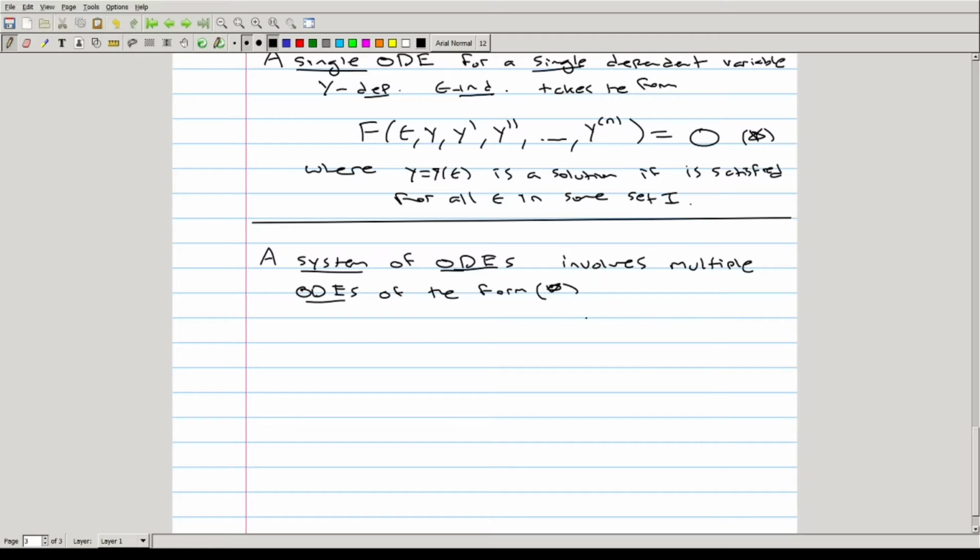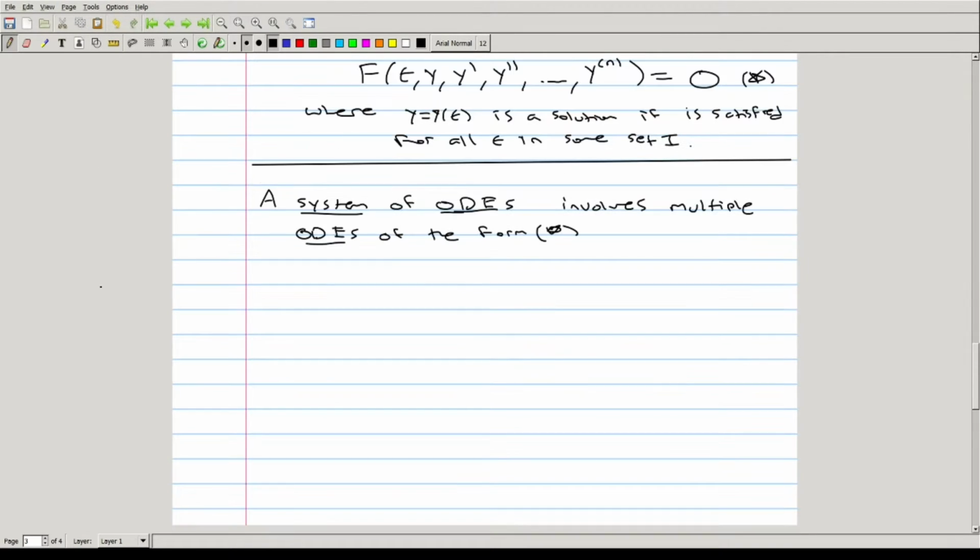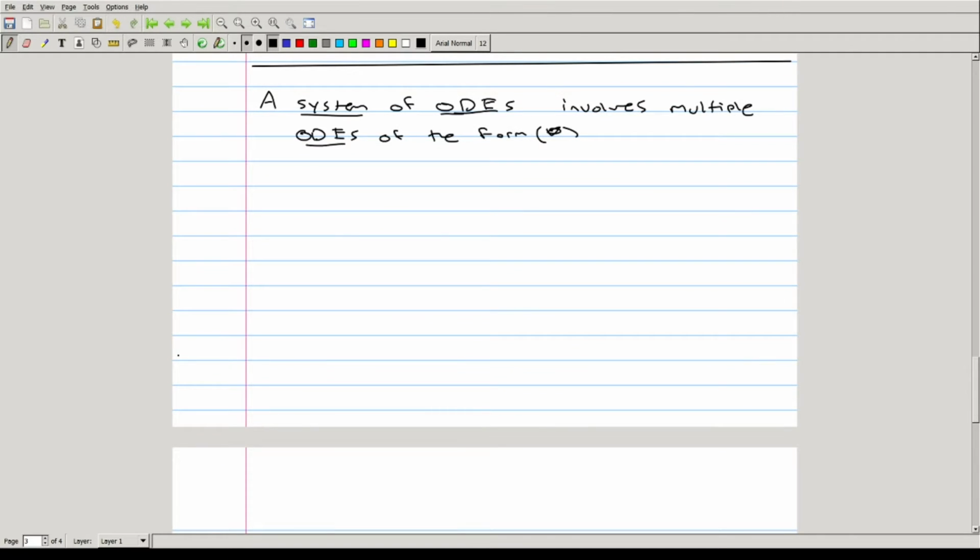And this involves multiple dependent variables and one independent variable. So typically we'll call the dependent variables, the unknowns, y1, y2, y3, up to yl.